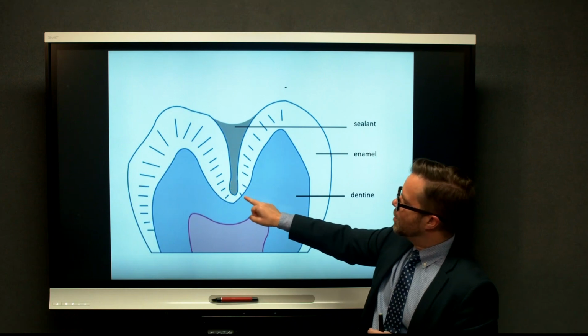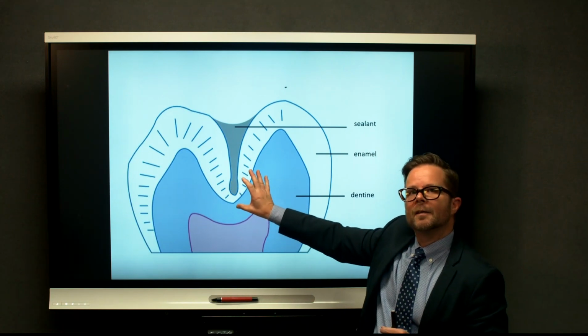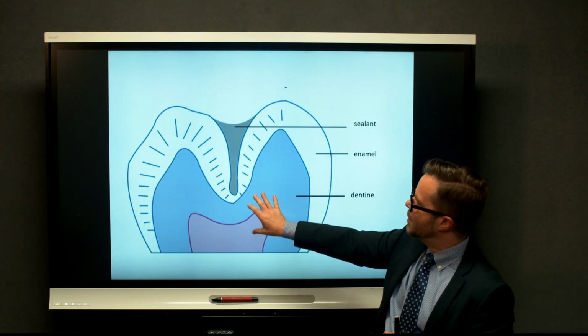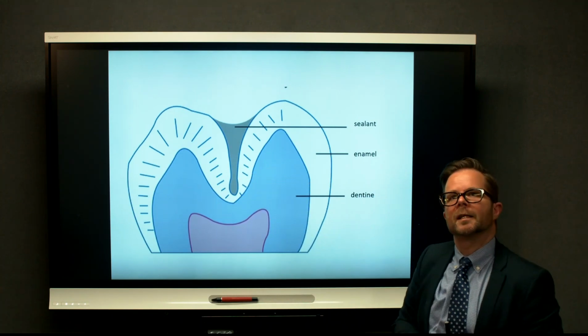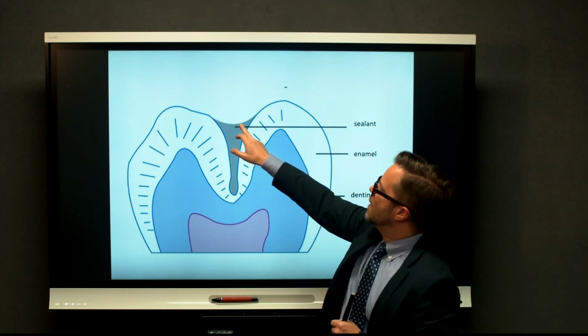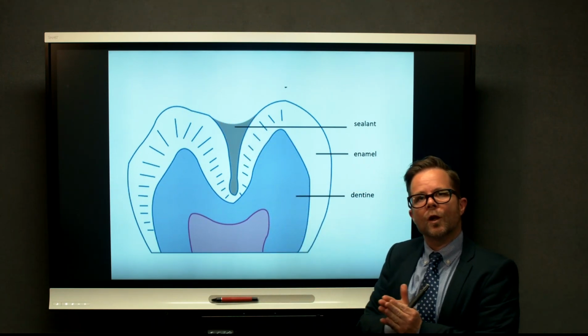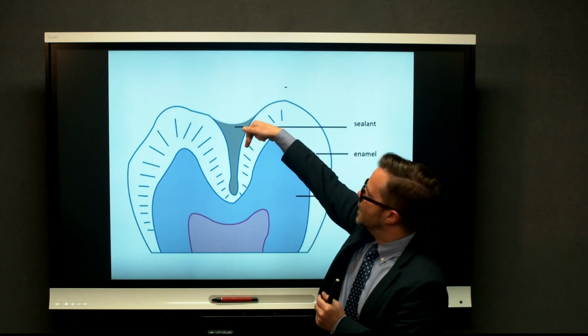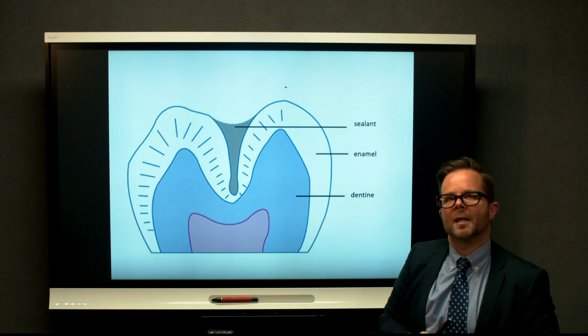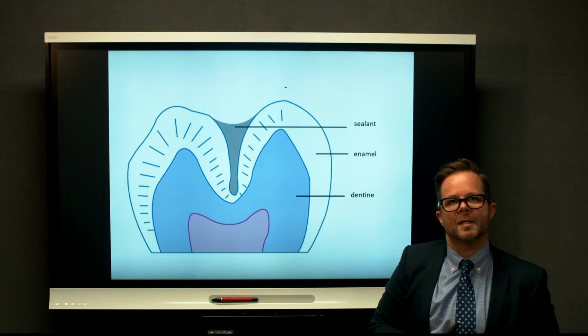And this is the area where plaque will accumulate, and if decay is allowed to happen in this part of the tooth, it can very rapidly destroy the dentine and cavitate. So the fissure sealant is designed to occlude, to close up the entrance to that pit or fissure, so that plaque can't make its way into that pit.